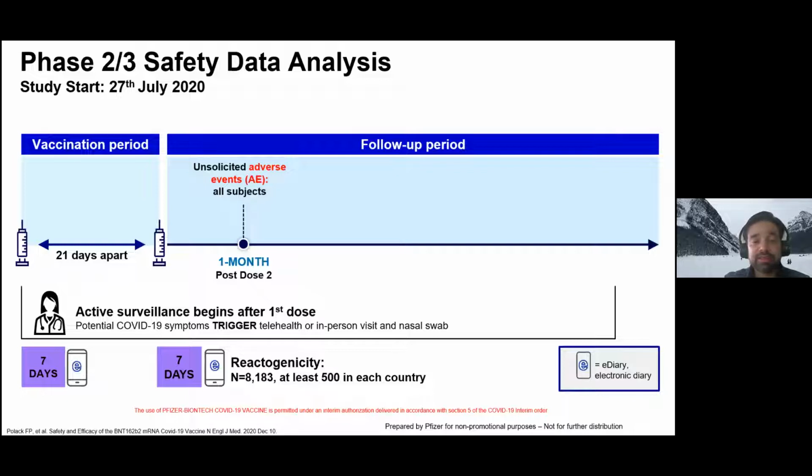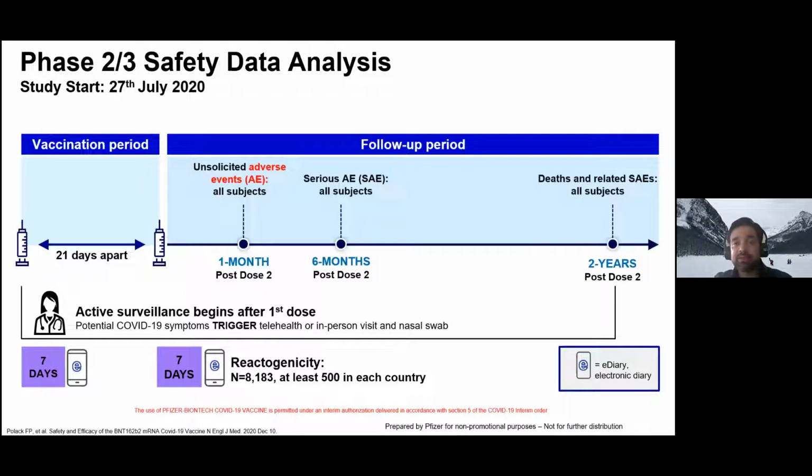This is slightly different from the reactogenicity subset where we ask them, but in the case of unsolicited, if something happened, they report, and those were collected for 1 month. Any serious adverse events will be collected for 6 months post last dose, and death and related serious adverse events will be collected until 2 years after the last dose. So I'll show the data from each of these different cohorts.